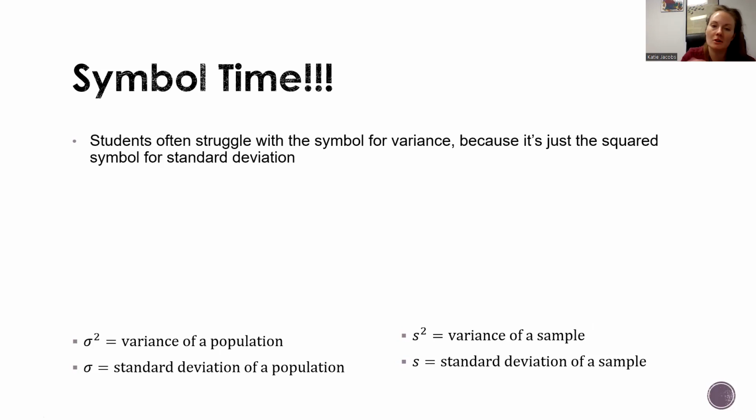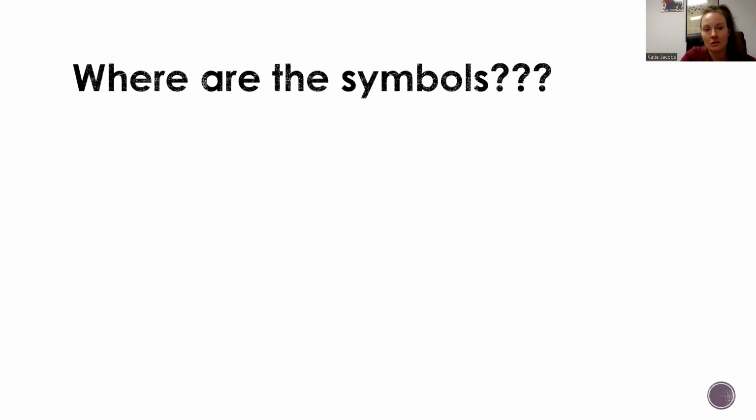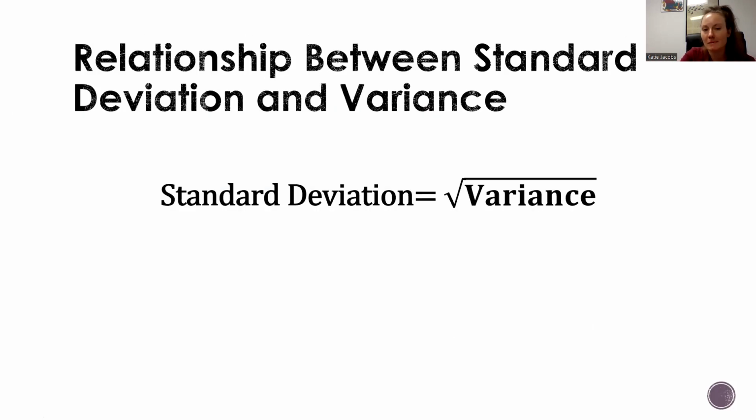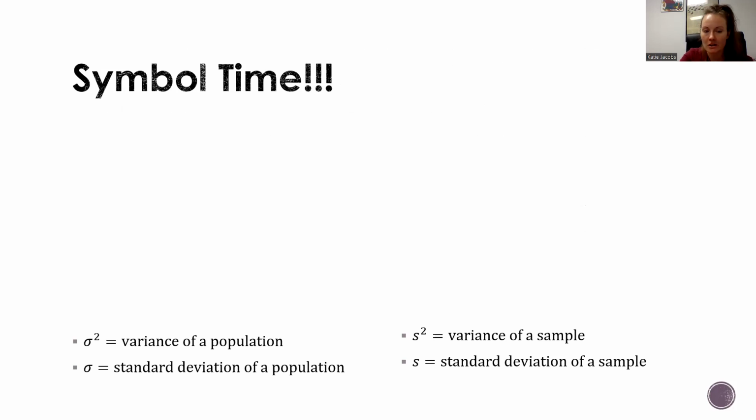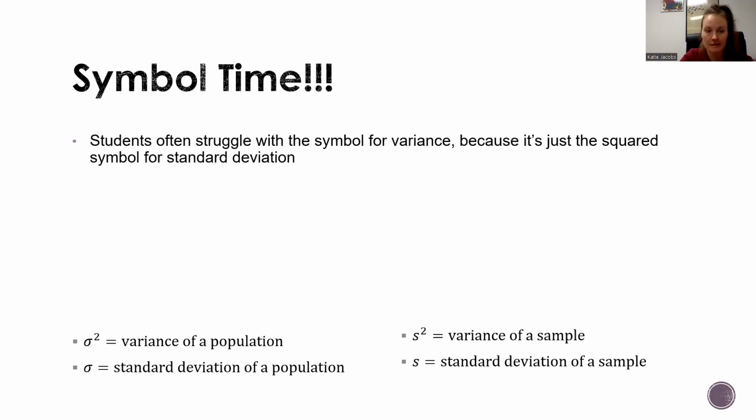So a lot of times students struggle with some of these symbols, especially for variance, because it's just the squared symbol for standard deviation. If we remember back to our previous slide, or two slides ago, I guess, that's because our standard deviation equals the square root of the variance. Okay. And so when we look at our symbols, that relationship is showing through in these symbols.